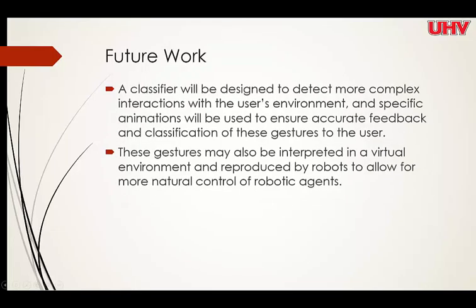Now, what we consider as future directions for this research are a number of different areas that we could explore. In particular, we are currently looking at building classifiers for detecting more complex interactions and gesture patterns from a user by performing two separate tasks.